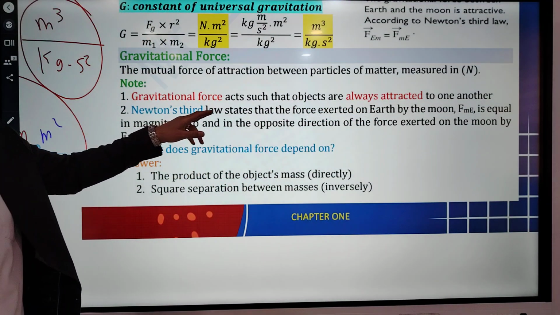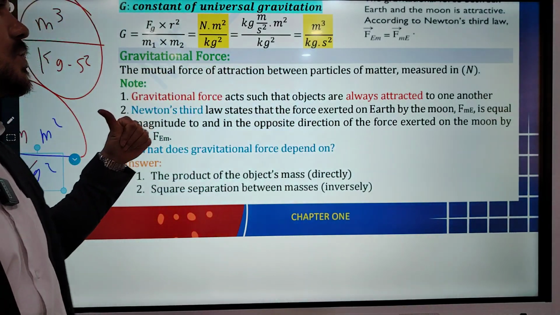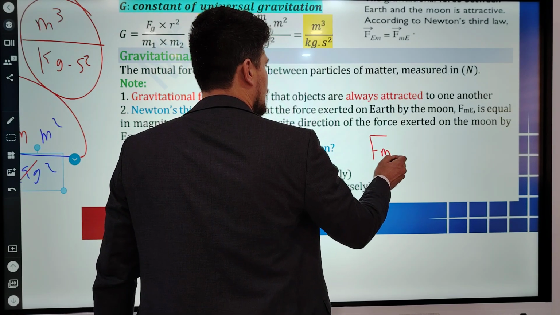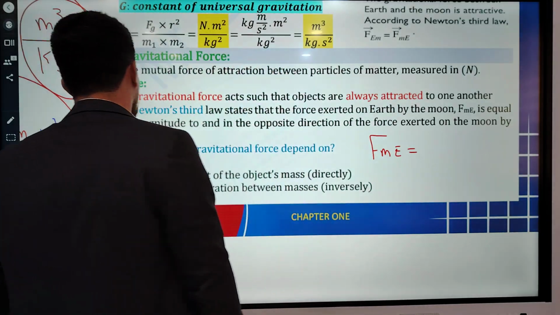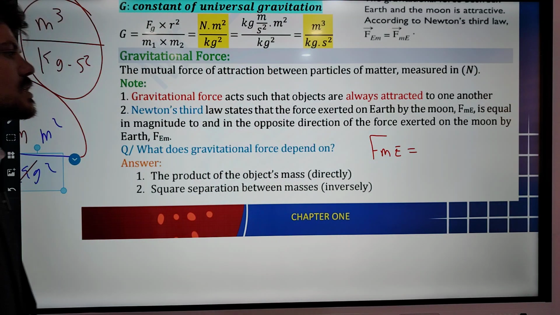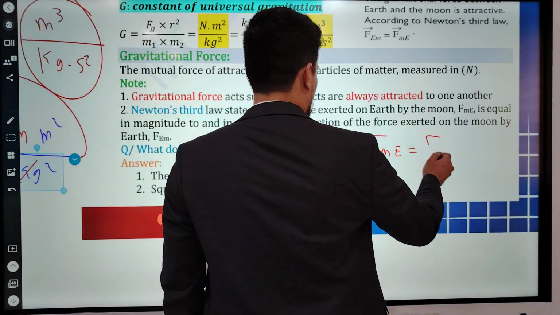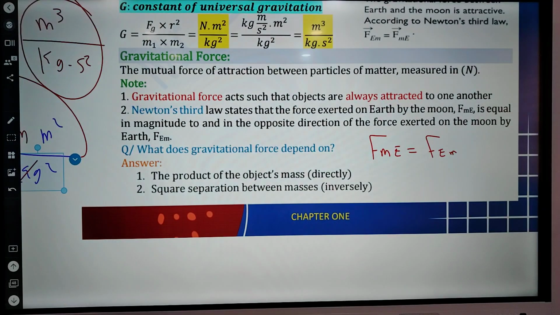So Newton's third law states that the force exerted on the Earth by the Moon is equal in magnitude and opposite in direction to the force exerted on the Moon by the Earth, F_EM, but in the opposite direction.